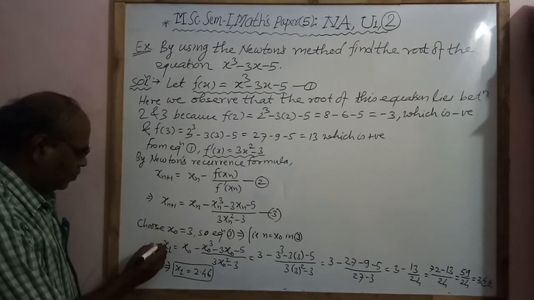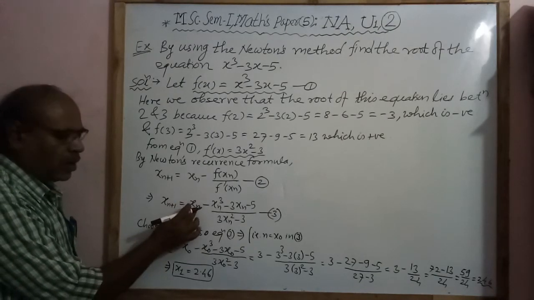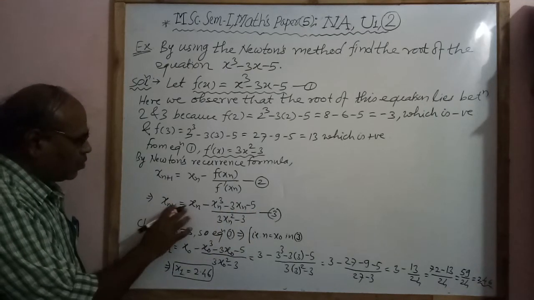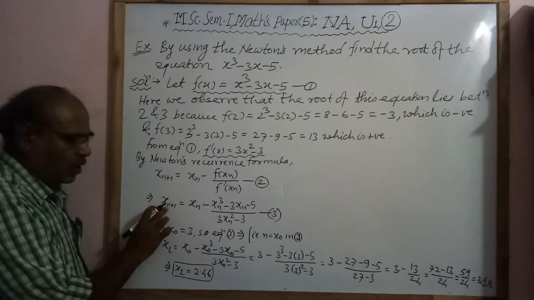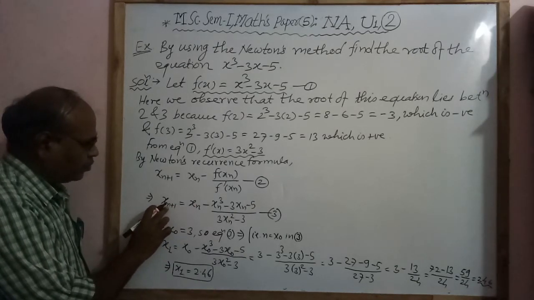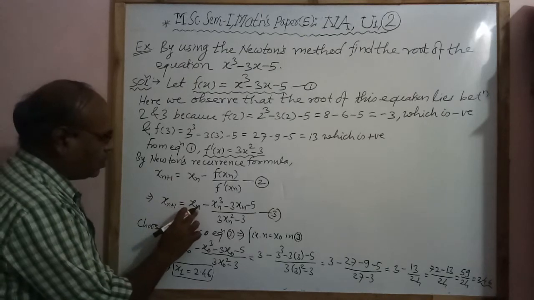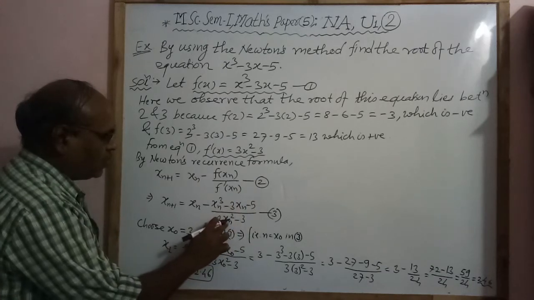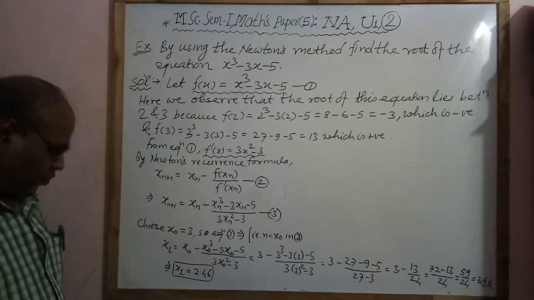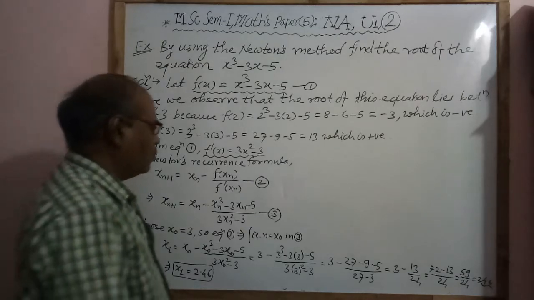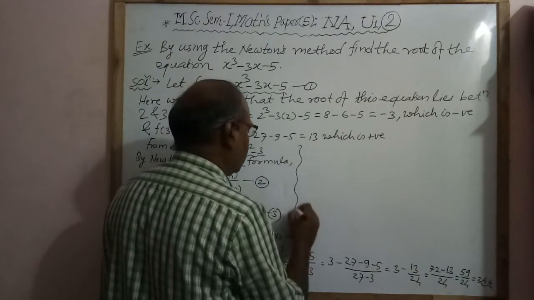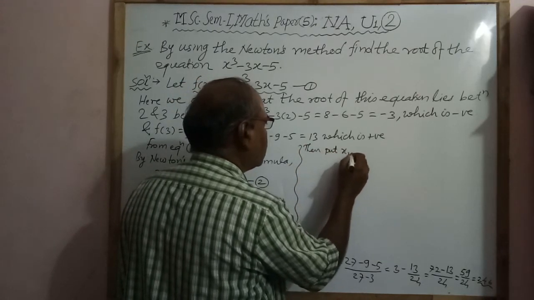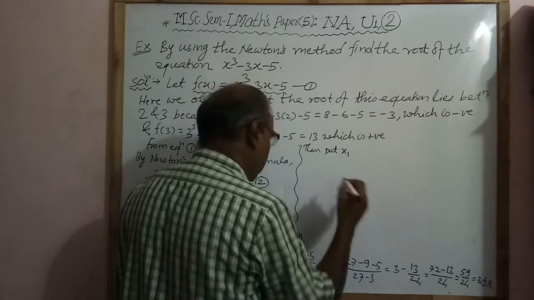Now to find the next, we found x1 by putting n equal to 0. We find x2 by formula 3. Therefore, to find x2 we put n equal to 1. If you put n equal to 1, we get x of 1 plus 1, x2. Here x1 minus x1 cube minus 3x1 minus 5 divided by 3x1 square minus 3.